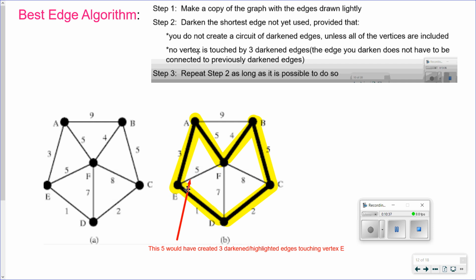I can't put in this 5, and I don't need to, because it would create a circuit right there, and I've already connected all of my vertices together. So by following this process, I did find a Hamilton circuit that should have the minimum weight to it.